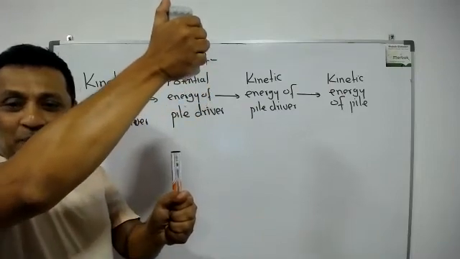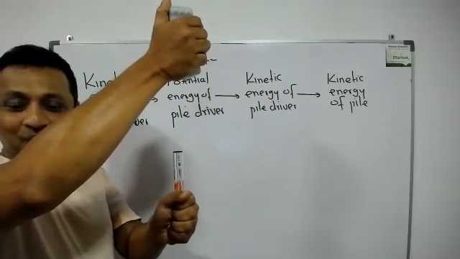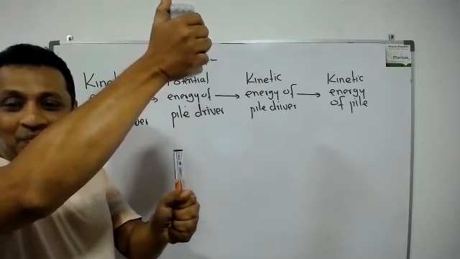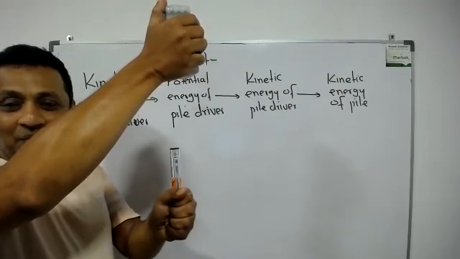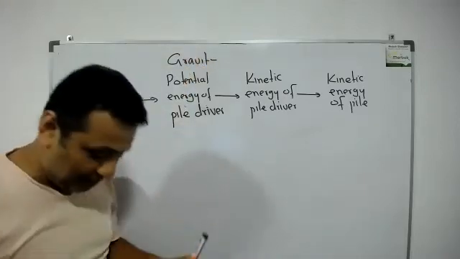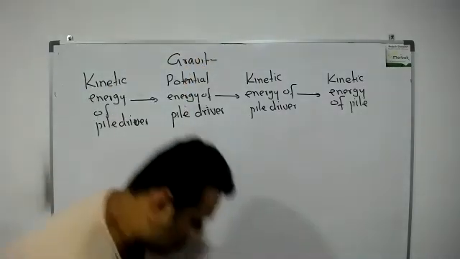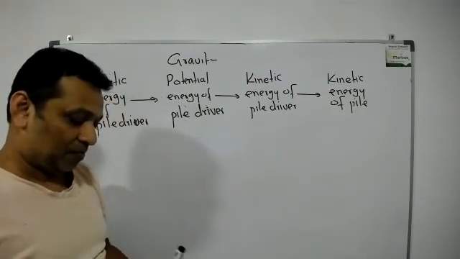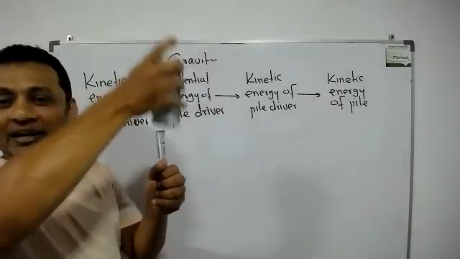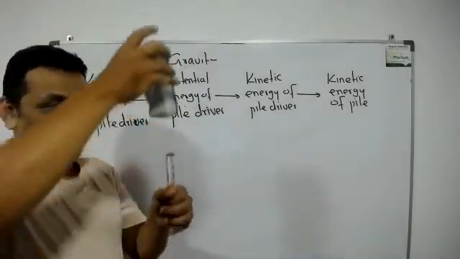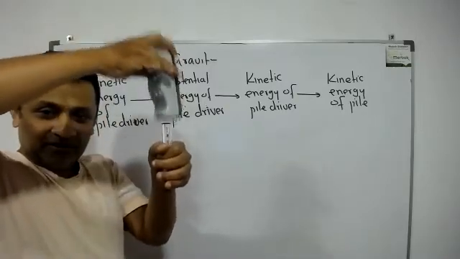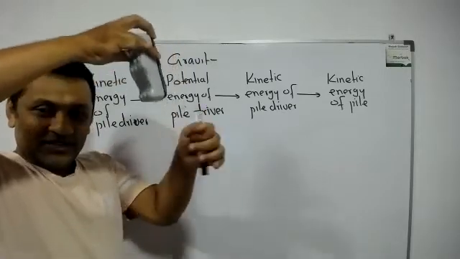Okay. When you stop it here, what is there, Seema? When you release it, what is there, Seema? When you release it, it comes and hits here. When this one hits, this is moving down, Seema. What is the energy of this one, Seema?